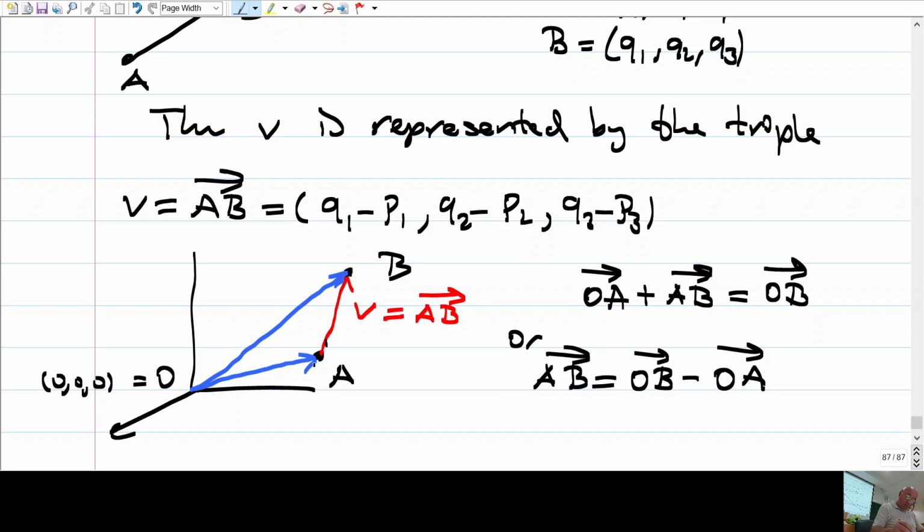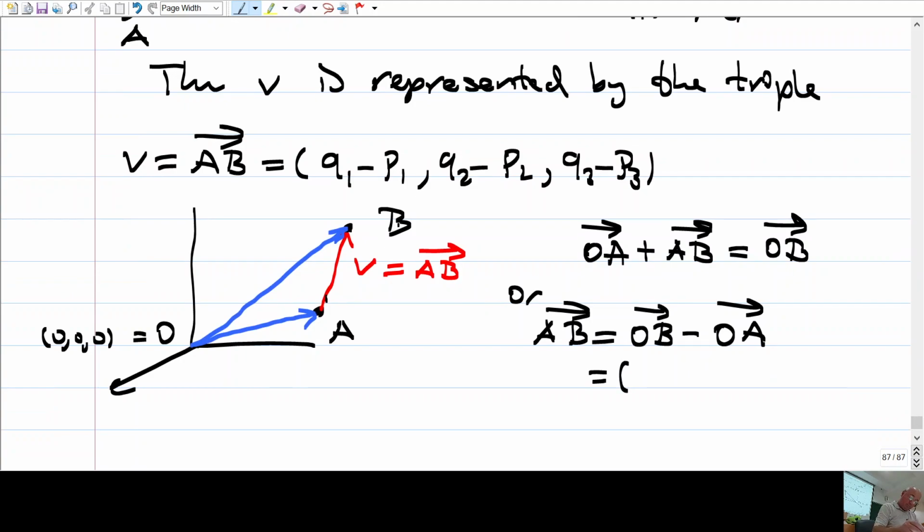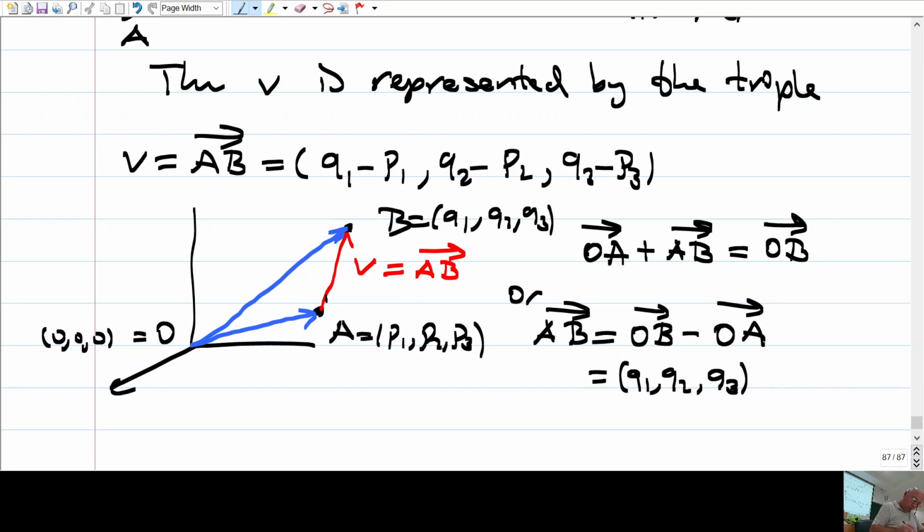But what is this OB? It starts from this point and ends at this point. So it is just the vector with coordinates Q1, Q2, Q3, minus P1, P2, P3.